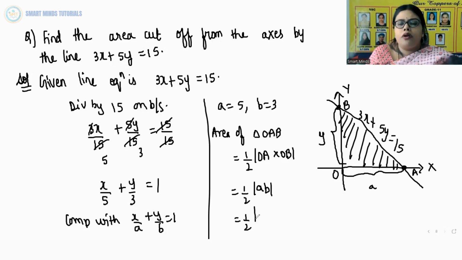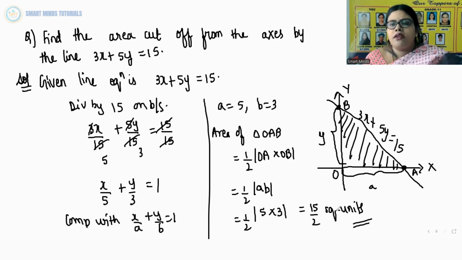That is half, what is A and what is B? 5 into 3. That is 15 by 2 square units. Always write square units whenever you want to find area, because area is measured in square units.